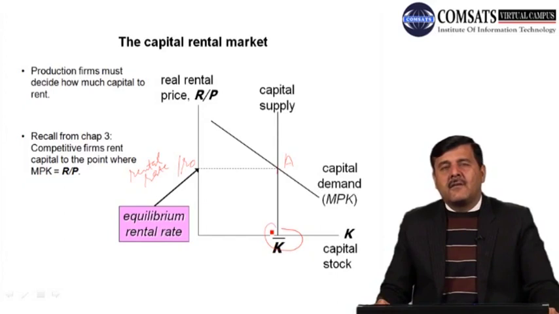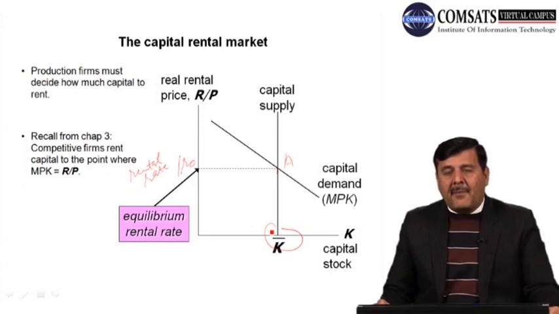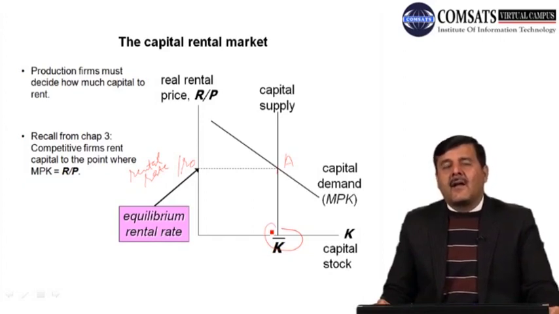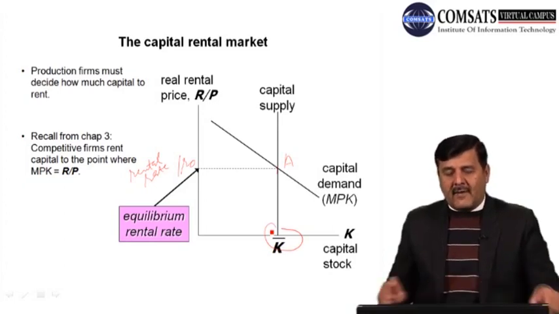Both curves intersect at point A. That determines the equilibrium real rental price of capital, and also determines the capital supply and capital demand on the x-axis.